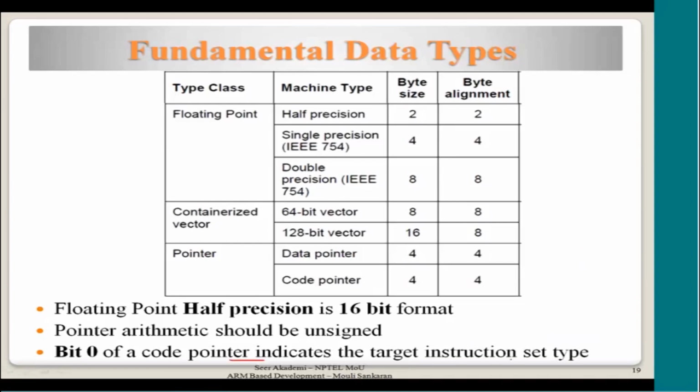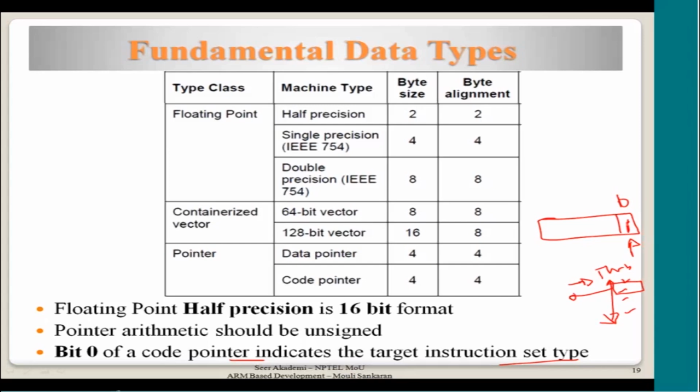Bit 0 of a code pointer indicates the target instruction set type. If you recall, if bit 0 is set, it is pointing to a thumb instruction. If it is pointing to an instruction, it will be a code pointer, right? So if a thumb instruction has to be executed, the code pointer has to have bit 0 as 1. Then only does the processor internally interpret it as a thumb instruction and fetch only 16-bit values into the pipeline.